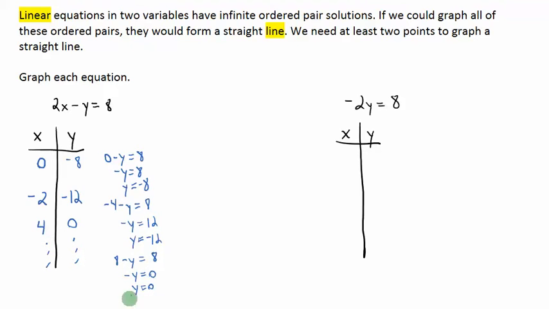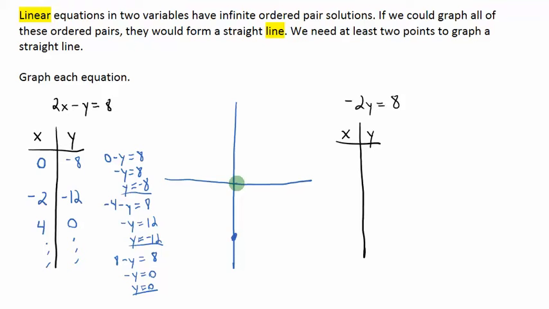So I've got 3 points now on this graph. I've solved for my y values by plugging in x values. I could also plug in y values and solve for x. It doesn't matter. So if I were to graph this now, 0, negative 8 is down here approximately. Start at 0 on the x, go down 8 on the y.